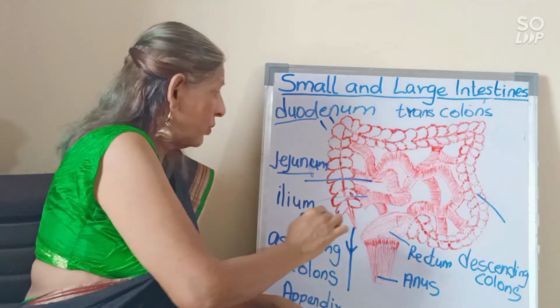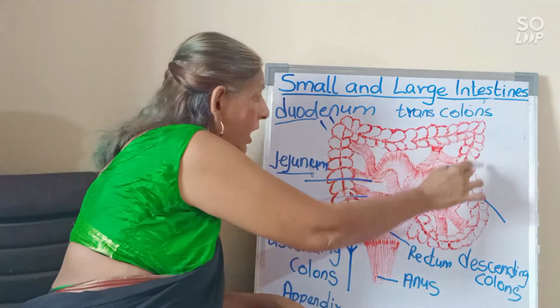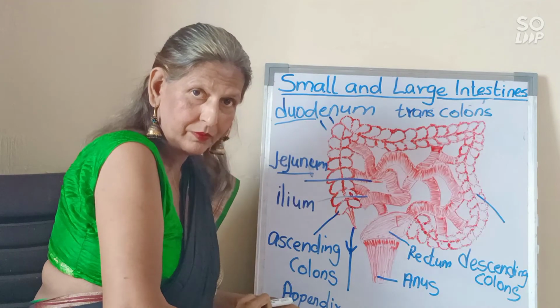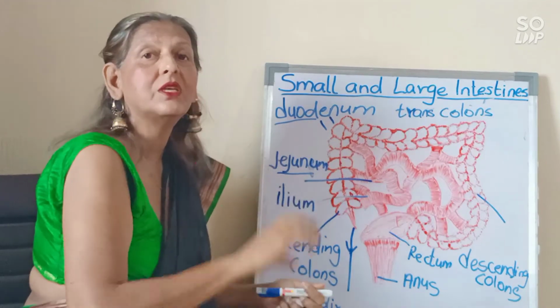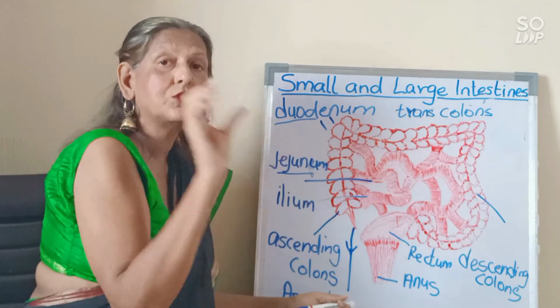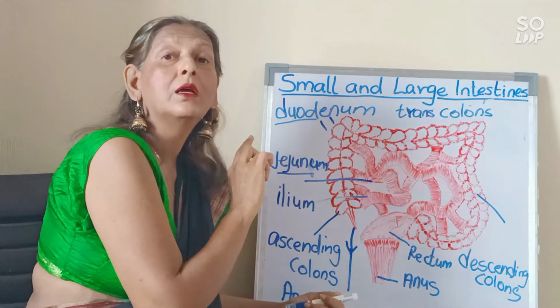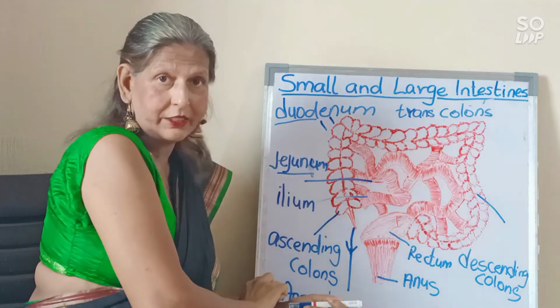As you can see, the large intestine is 5 feet in span and 2.5 inches in width. It is 2.5 inches broad, smaller than the small intestines.